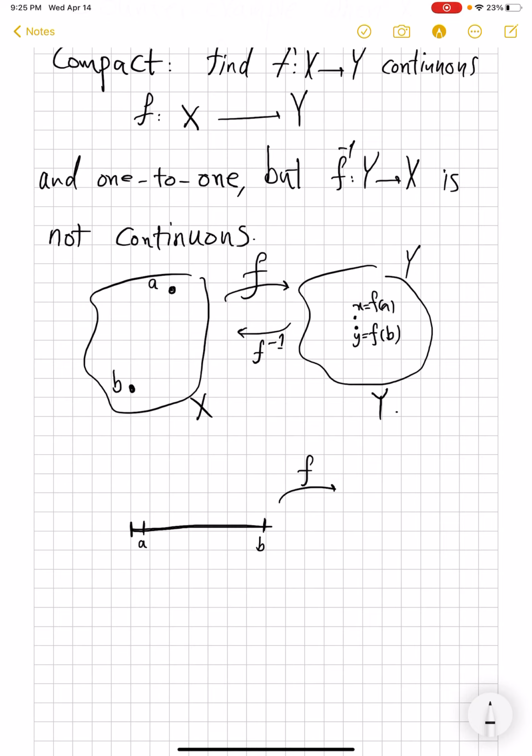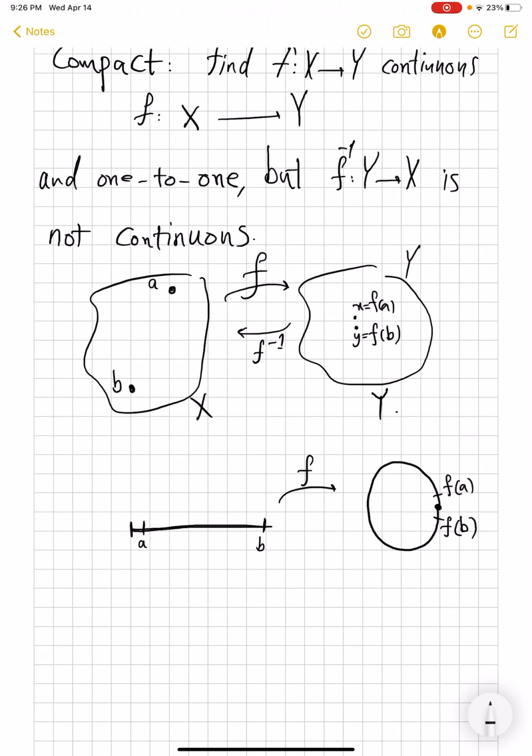And that is literally saying that you wrap that interval back onto itself, and that produces a circle. So this will be my circle. Here will be f of a, and here will be my f of b. So you see that a and b are far away, but in the image f(a) and f(b) are very close.